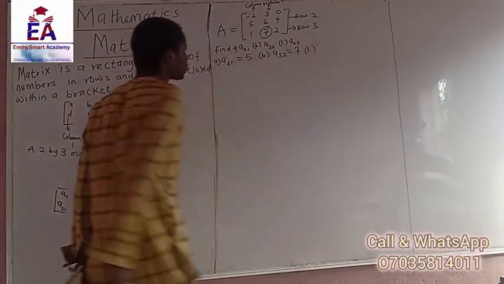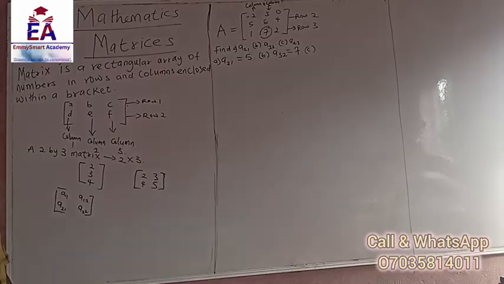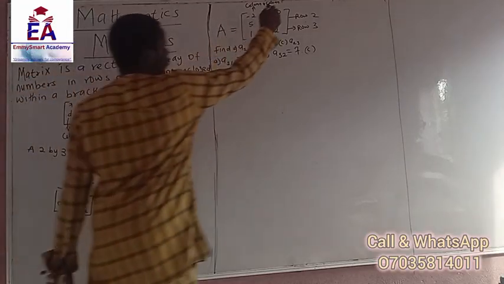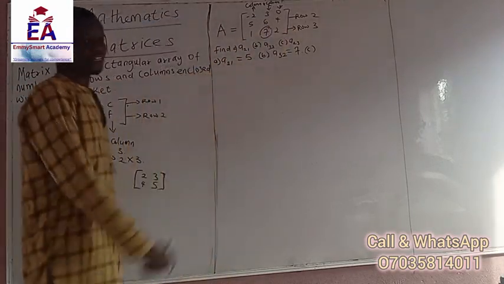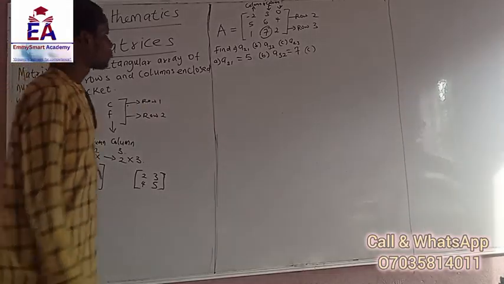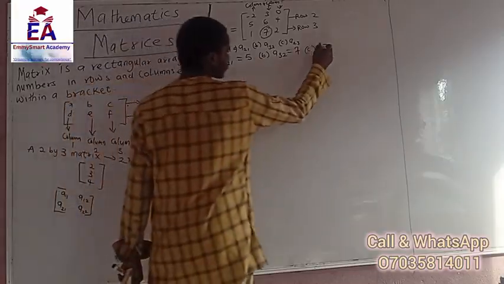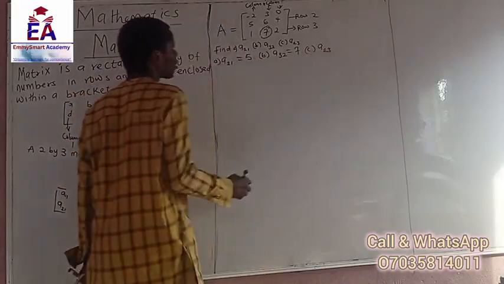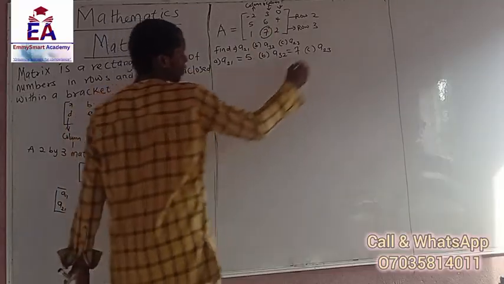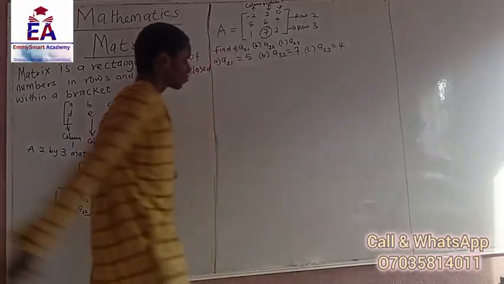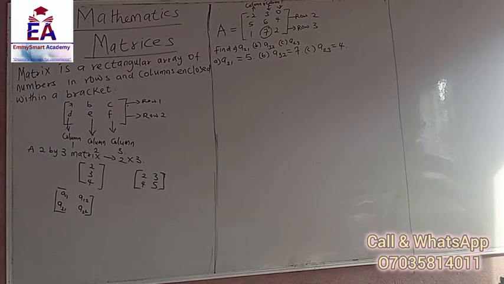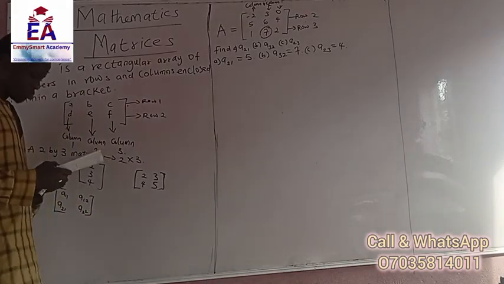Then C, we have A23: row 2, column 3. Row 2 is this guy, column 3 is this guy. So we have 4 there. Okay. So that's basically what that should be.